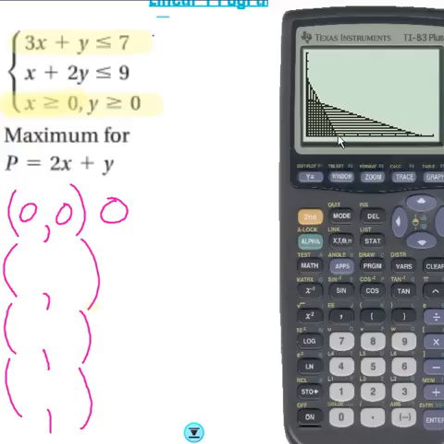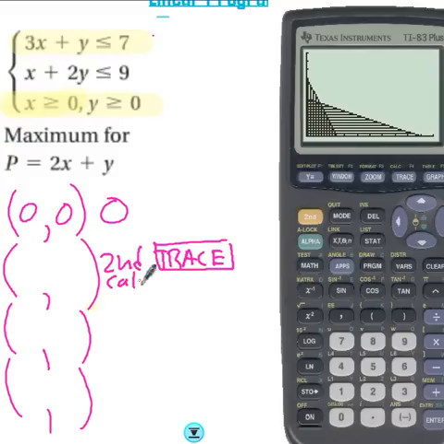So the most common thing I'm going to do here is go to second and hit the trace button. Second trace is calculate.